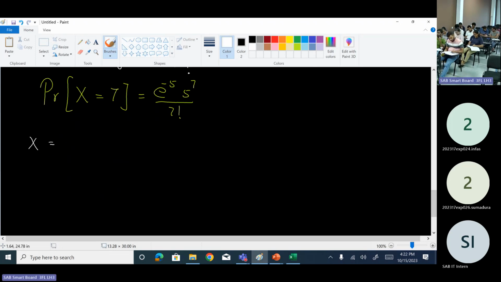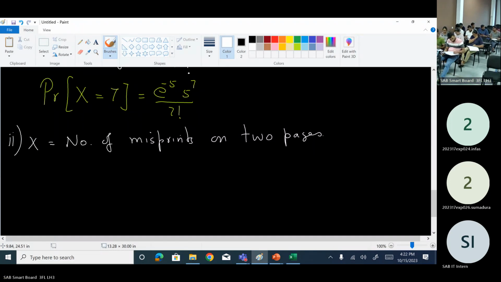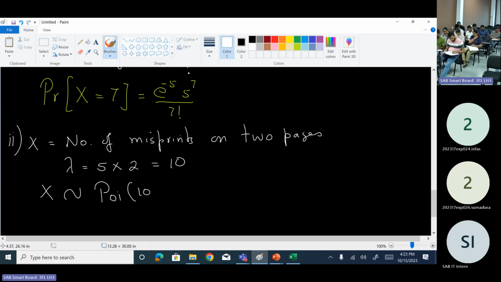Now X should be for the second part. X should be the number of misprints on 2 pages. Lambda per page is 5. Now we are looking at 2 pages, so it will be 10. Now this X is supposed to follow a Poisson distribution with parameter 10.